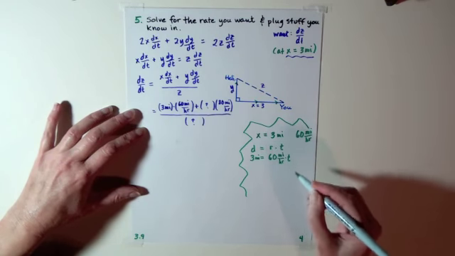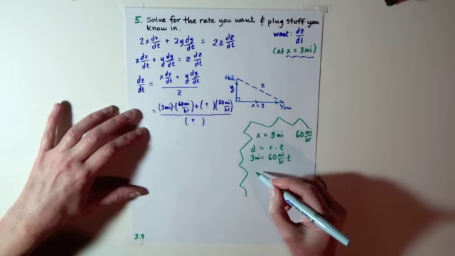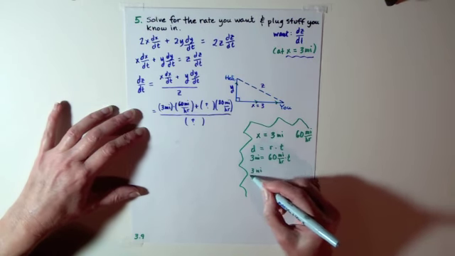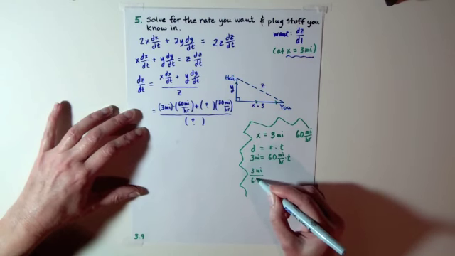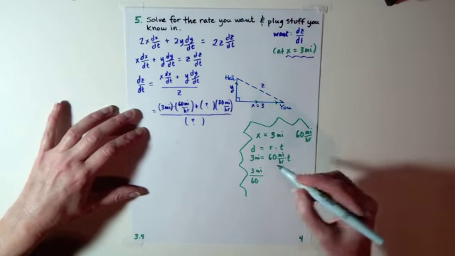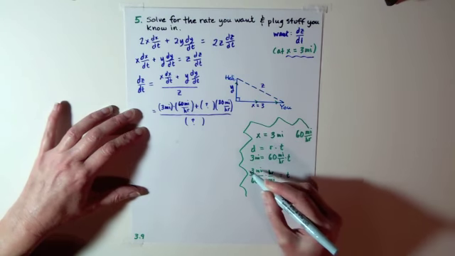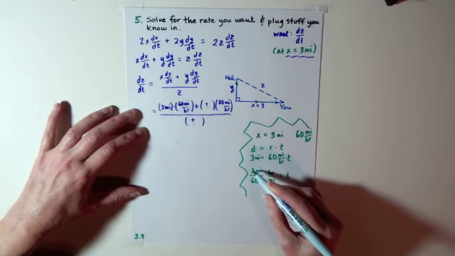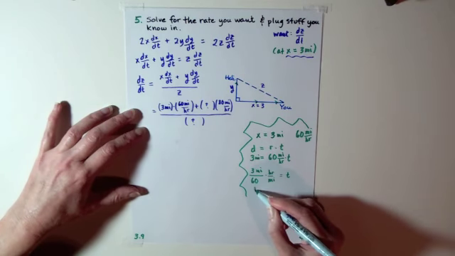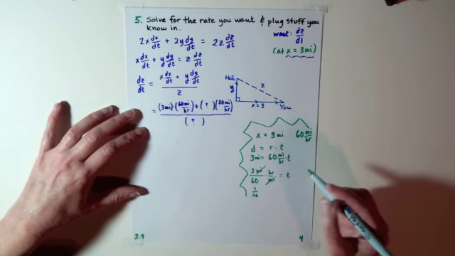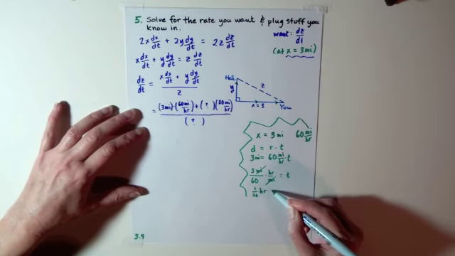I just solve for t by dividing both sides by 60, so I get 3 miles over 60 miles per hour. If I invert and multiply, the units are hours over miles, and this reduces to 1 over 20. The miles drop out, and I get 1/20th of an hour.